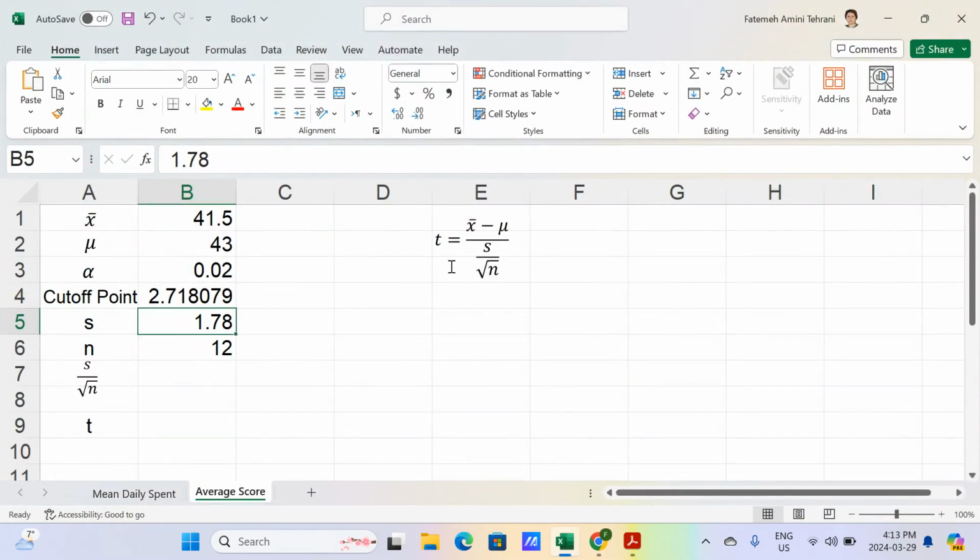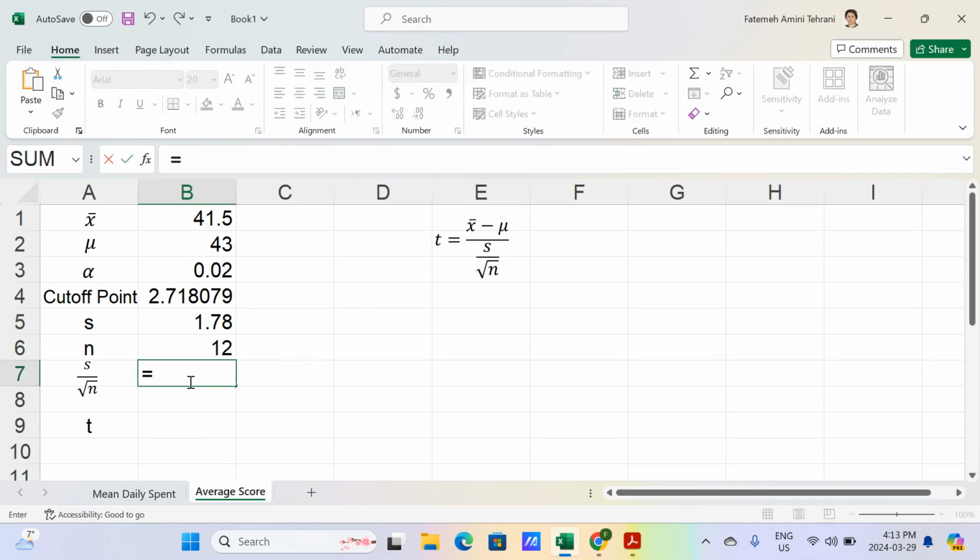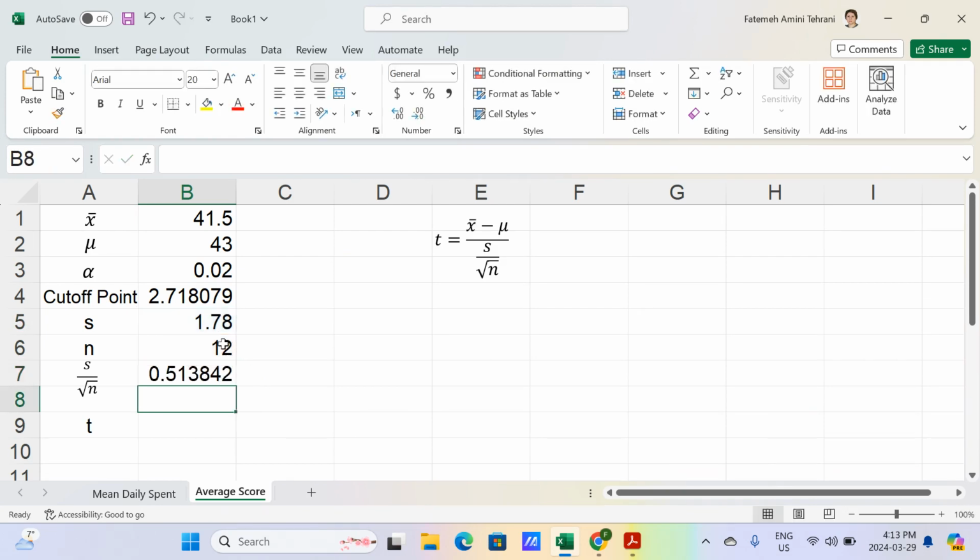Look at the t-value formula: x bar minus mu over s over square root of n. Let's find s over square root of n first, then we have an easier calculation. S is 1.78 divided by square root of n, and n is 12. Now I have s over square root of n. I just need to find x bar minus mu divided by s over square root of n.